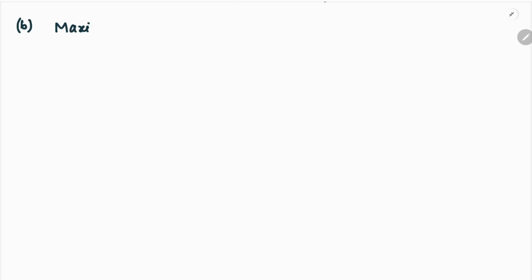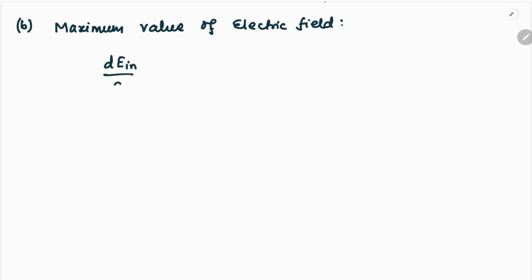The maximum value of electric field. So for the maximum value of the electric field, we say dE inside by dr must be equated to 0, as for outside it is inversely proportional to r square, so E continuously decreases.